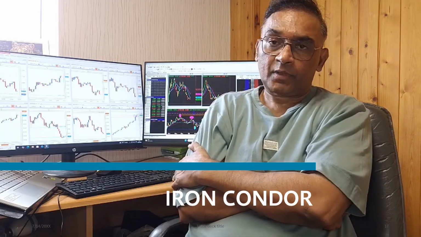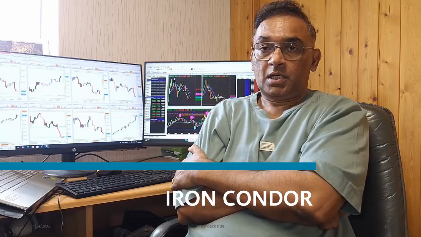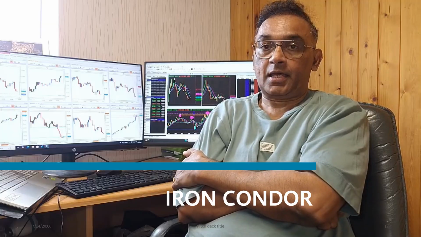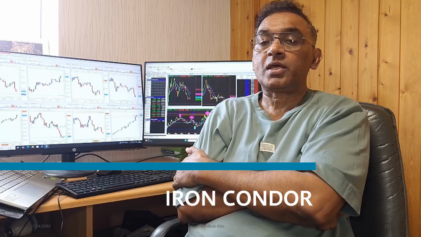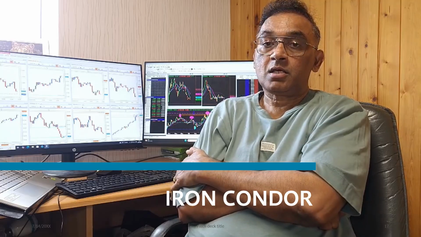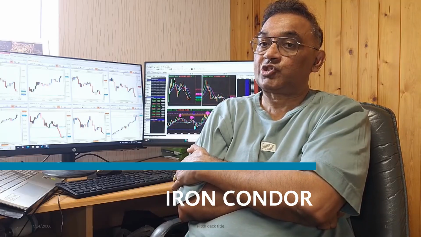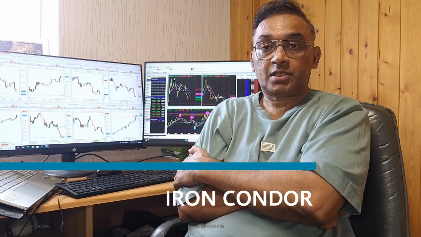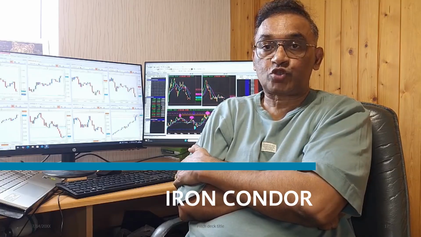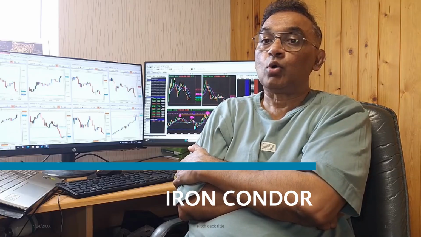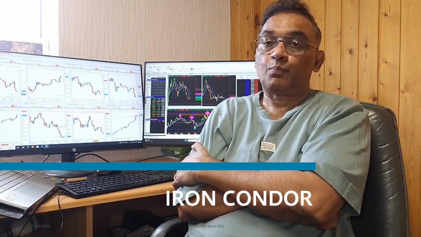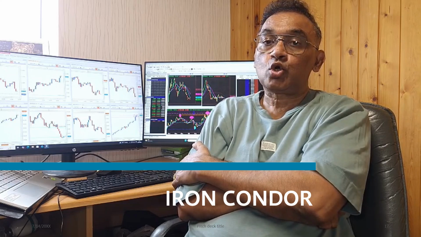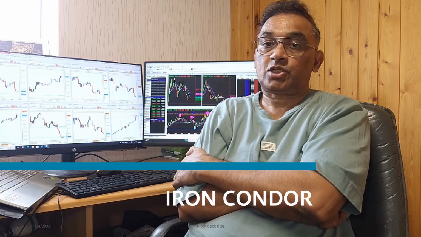Now if the implied volatility of the market or the asset that we're talking about goes high, and if there is a price swing in either direction, then we head into a loss making position, whether the price moves up, which is against the call option that we have sold, or if the price goes down below the strike price of the put option that we have sold. So in both these situations, we could end up with an infinite loss.